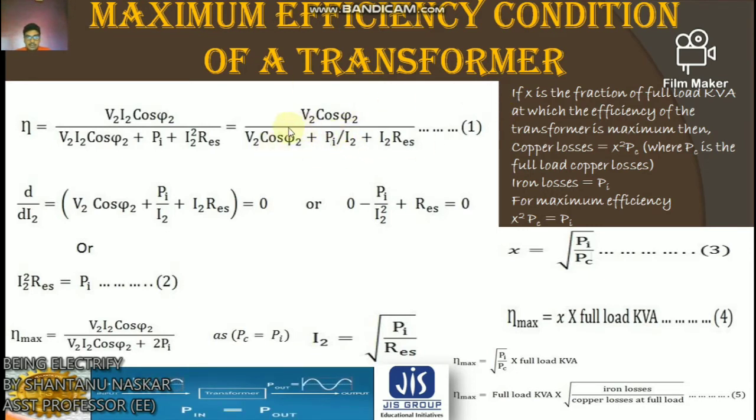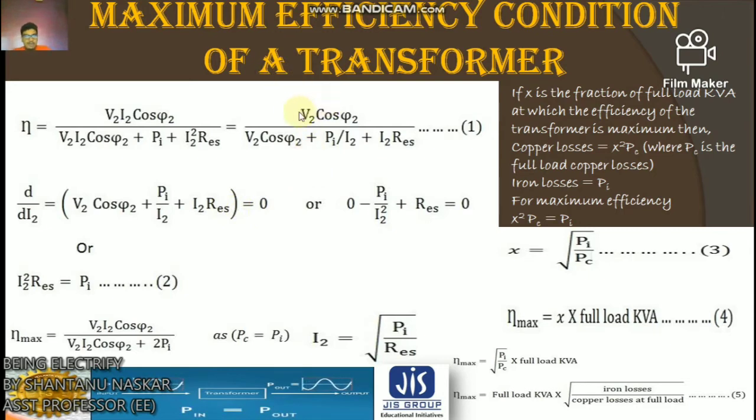So d by dI2 of V2 cos phi 2 plus Pi by I2 plus I2 Res equals 0, because the first portion is constant.